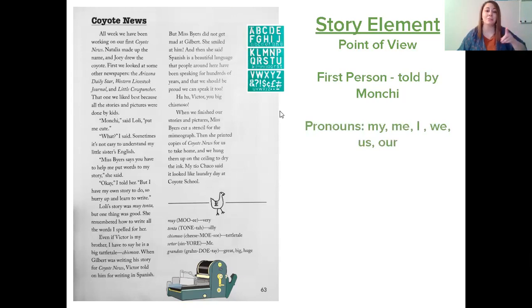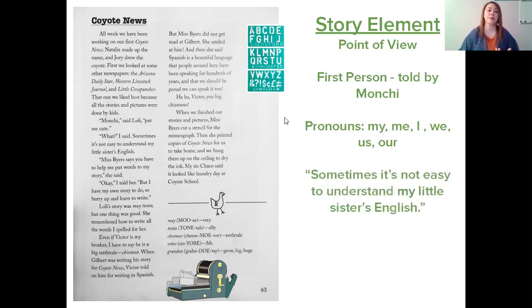And we know that this is first person and that Manchi is telling us a story because we see the pronouns my, me, I, we, us, and our. So Manchi is including himself in the story. So like, for example, right here it says what I said. Okay, so I is Manchi. So some other examples from this page is sometimes it's not easy to understand my little sister's English.